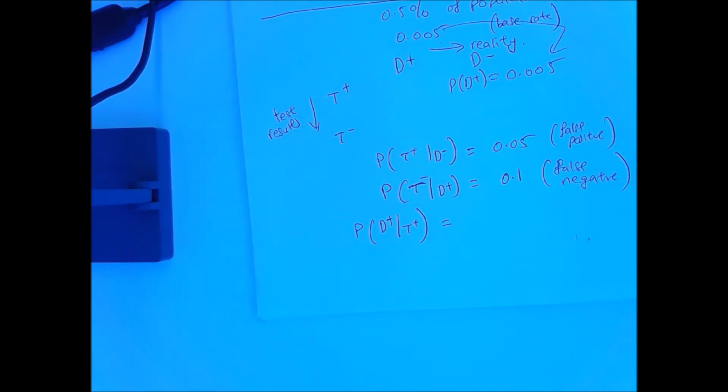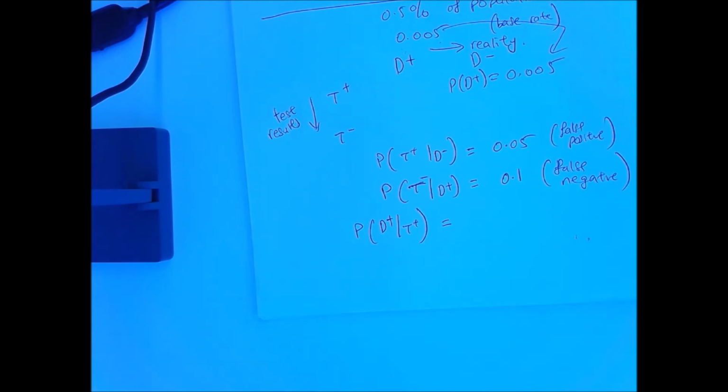About the notation: if we're going to use the false positive, do we take the complement of that? So is that the right notation, if we use 0.95 instead of 0.05? Right, so the probability that T minus given D minus will be 0.95.